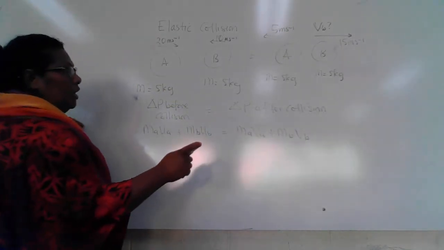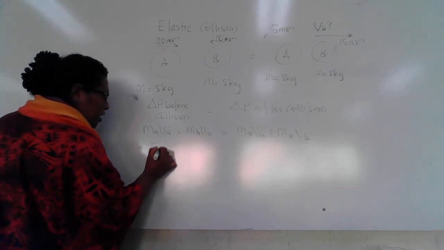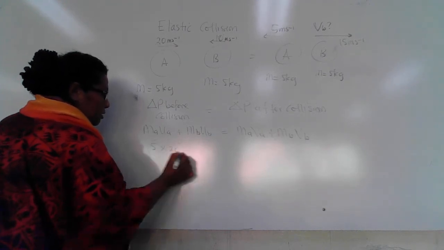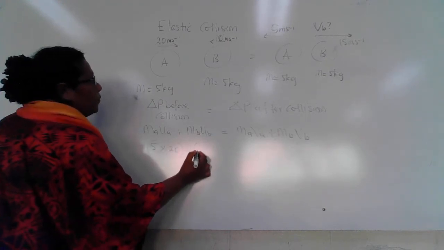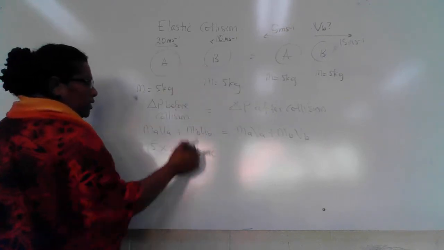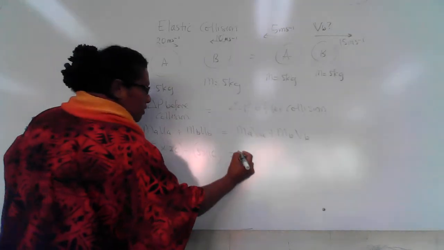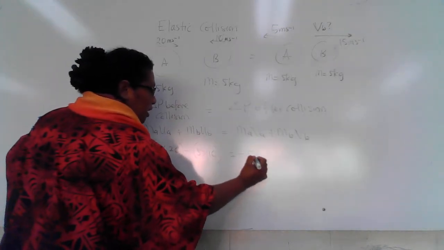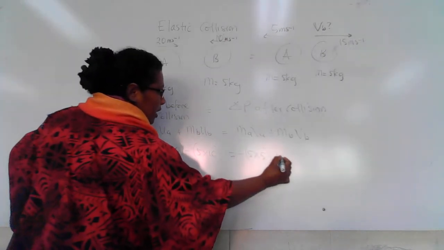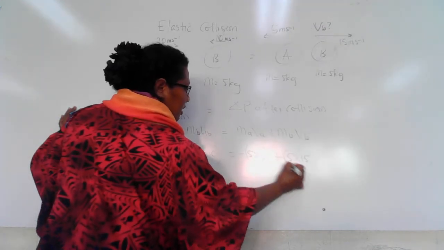Let's put in the values in here. So this is 5 times 20 minus 5 times 10. Remember, it's to the left, so I put the minus there. And that should be equal, that's traveling to the left, so minus 5 times 5 and plus 5 times 15.